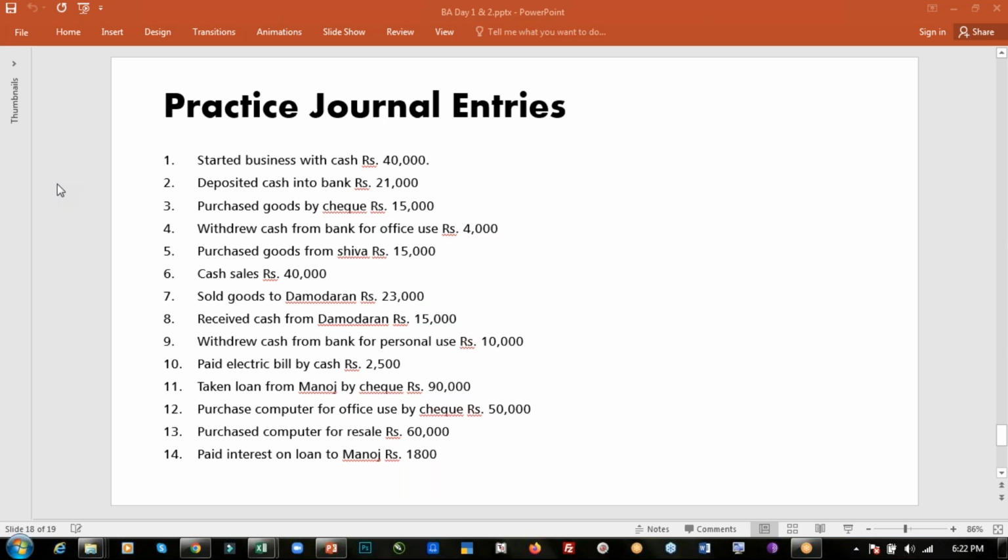Now the seventh point, sold goods to Damodaran rupees 23,000. What will be the journal entry for this seventh point?